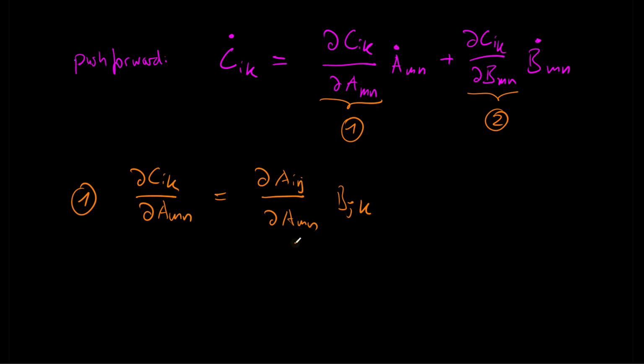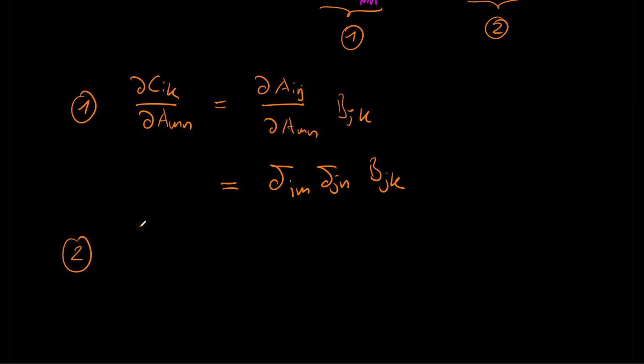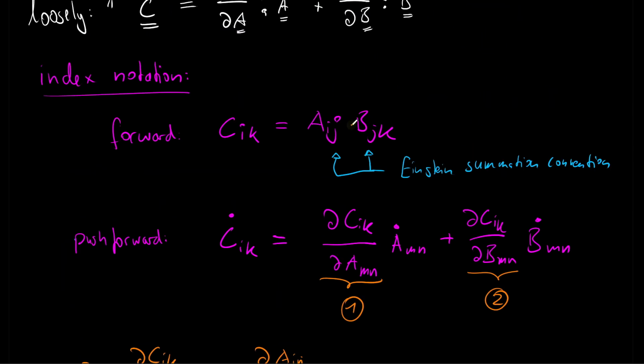And this is encoded by using multiple Kronecker deltas. So here we will get delta_im delta_jn times B_jk. And a similar story holds true for the second derivative we have to evaluate, the derivative of C_ik with respect to B_mn. And here the A will be untouched.